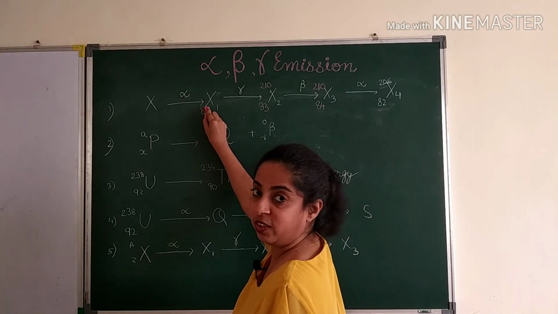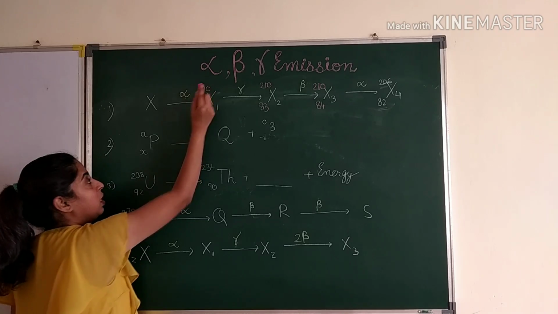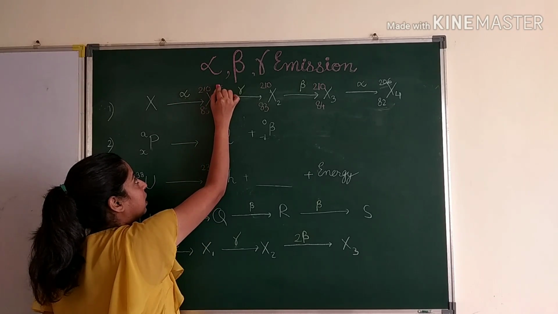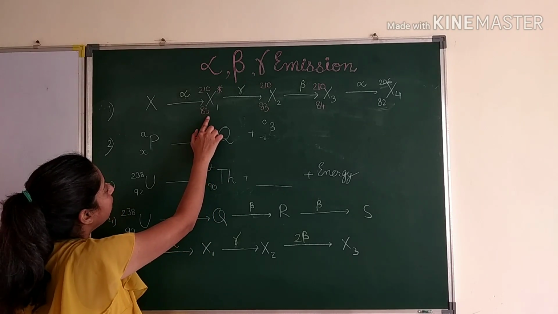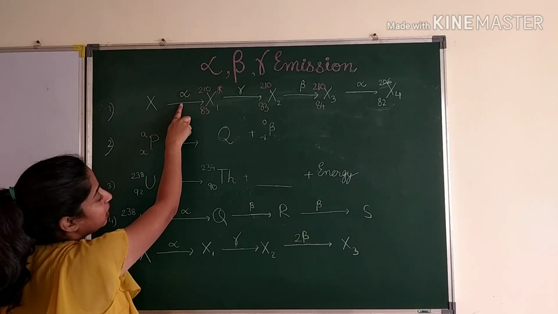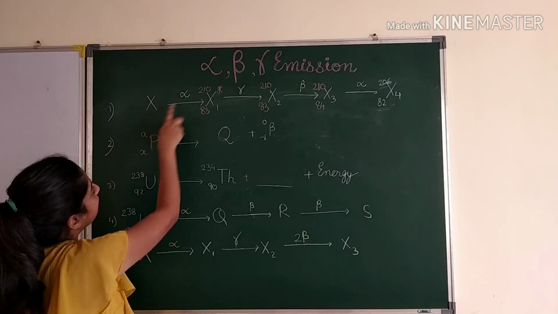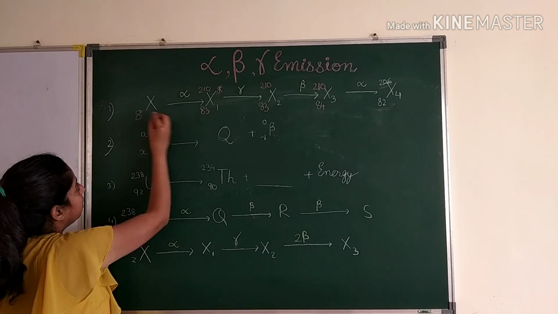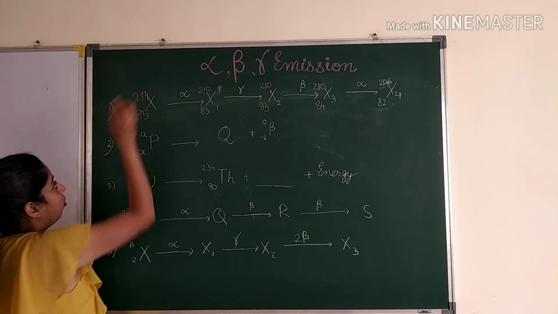So we will write 83 here and 210 here, the same thing. But with the parent, we will make it excited. Correct? Now moving on from X1 to X. Since it is an alpha particle, we will add 2 here and add 4 here. So from 83 it becomes 85 and here it will become 214.